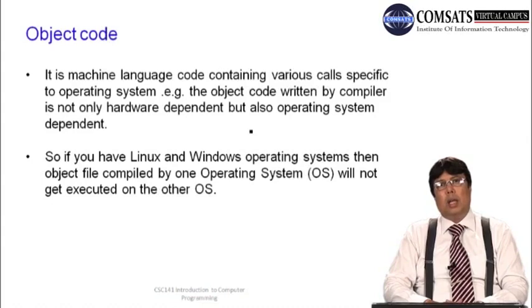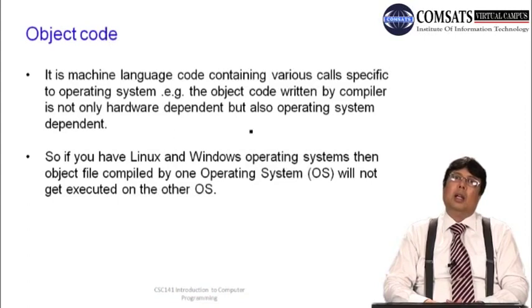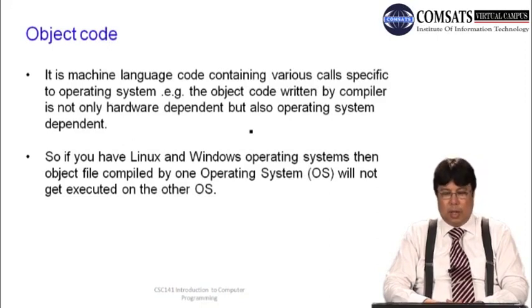This object code is basically operating system dependent. It means that object code for every different hardware might be different. Similarly, object code for different platforms, meaning different operating systems, is different.